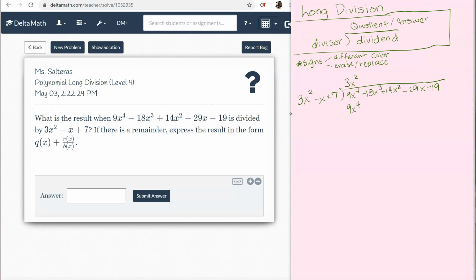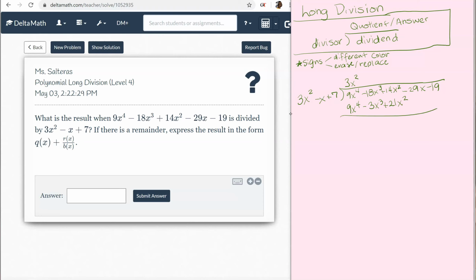This is where we can't ignore the rest of the trinomial. So 3x squared times negative x. We're just distributing, so negative 3x to the 3rd. And then 3x squared times 7. That's going to give us a positive 21x squared.